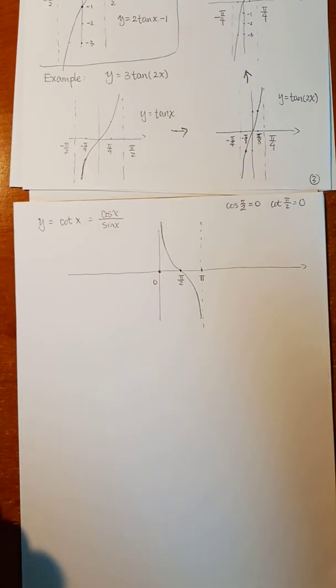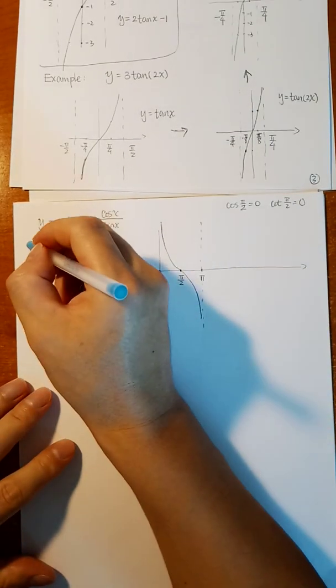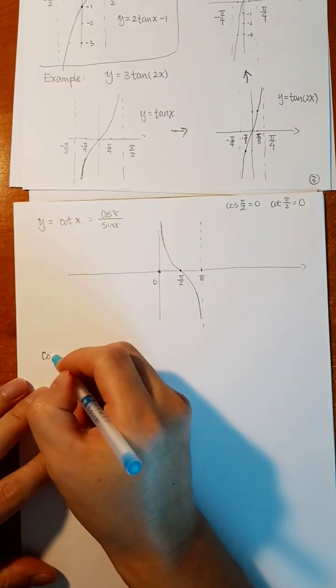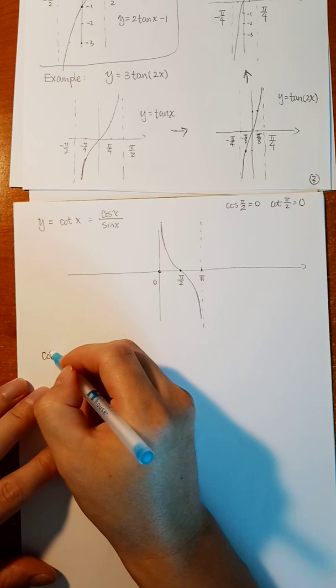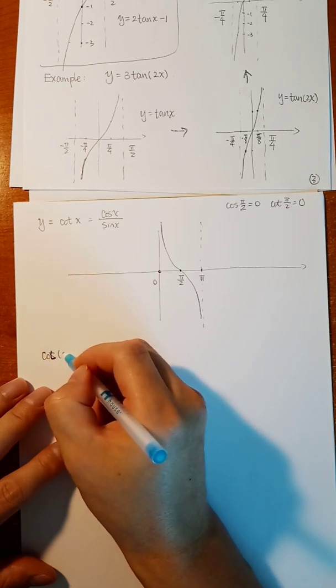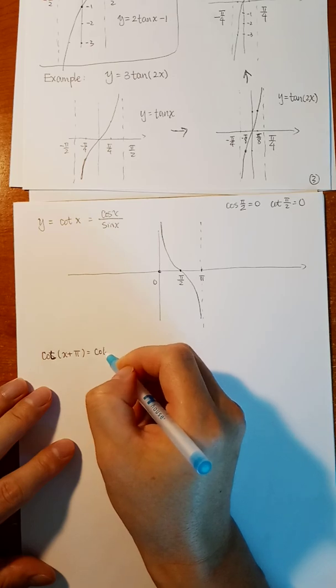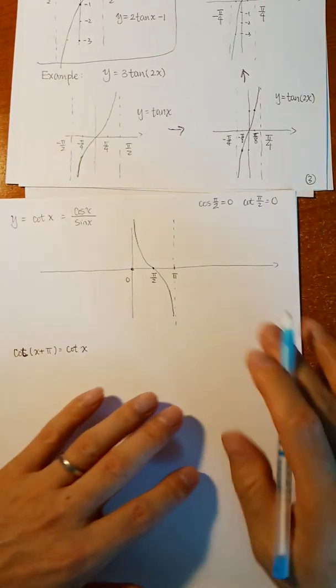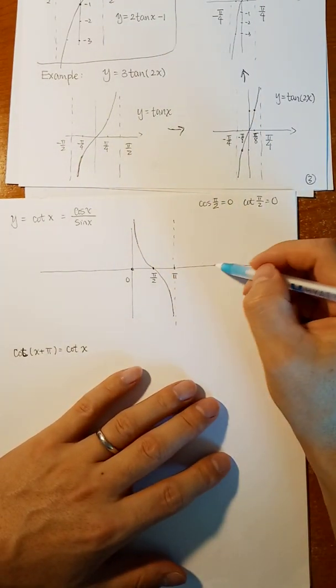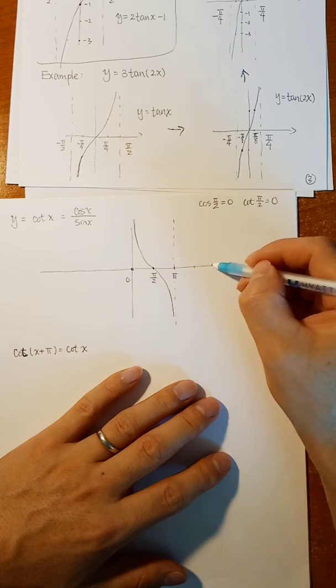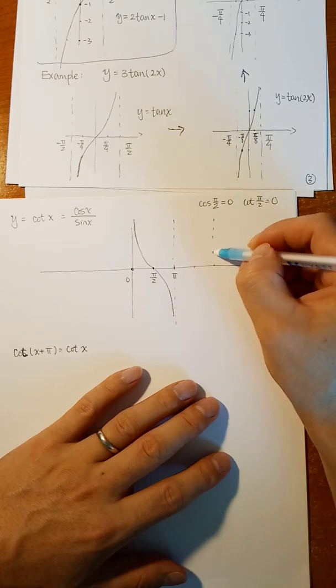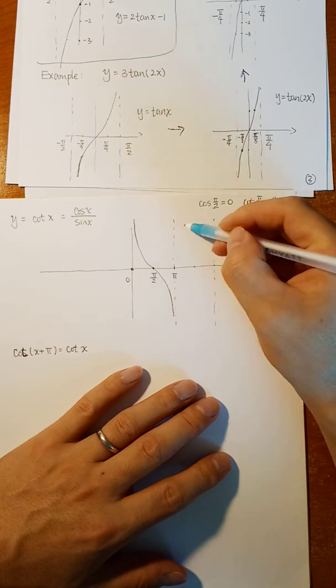And we also know that the cotangent is a periodic function with period pi. So when you get one piece of a graph, you just repeat it or copy it over different quadrants.